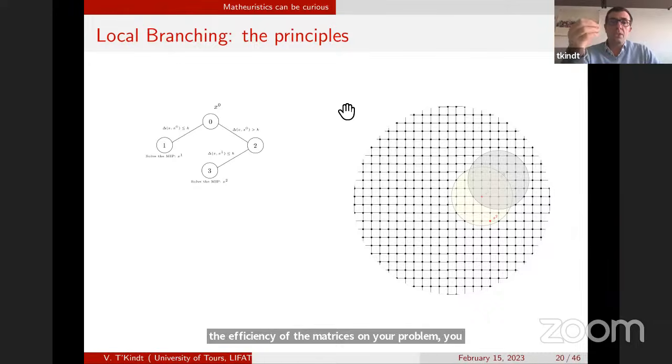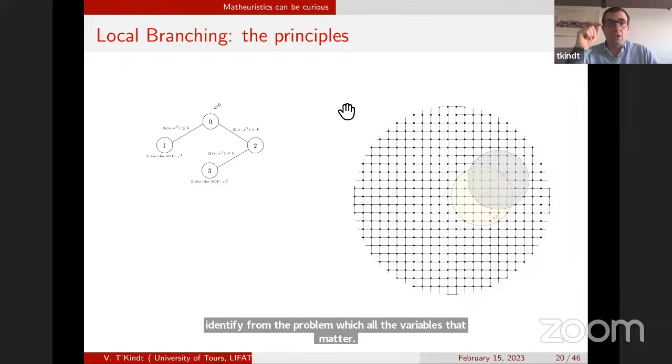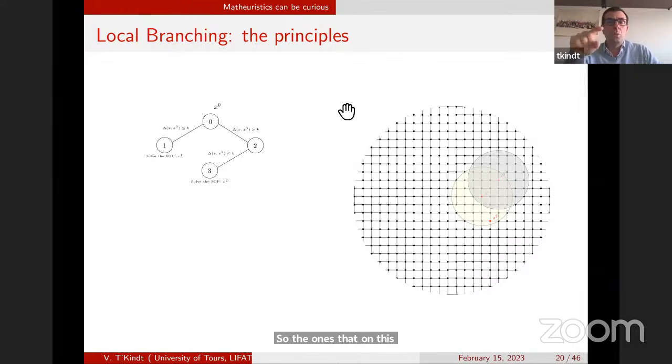And this is something, for instance, that we did for the JET problem when we dealt with the diversification and the selection of the variables. And you're right. Basically, you can try to identify from the problem which are the variables that matter. So the ones that on this solution, I need to play on these variables to improve my solution.